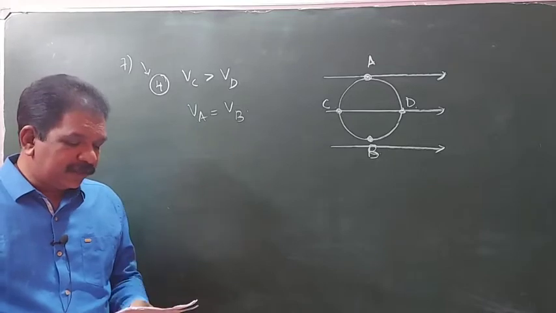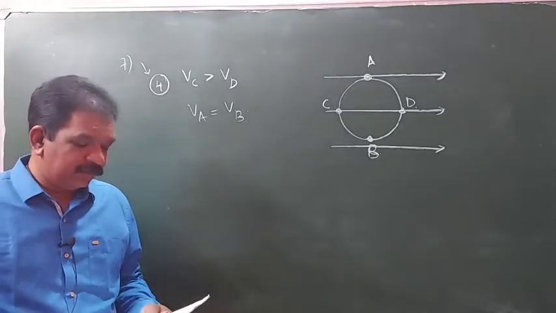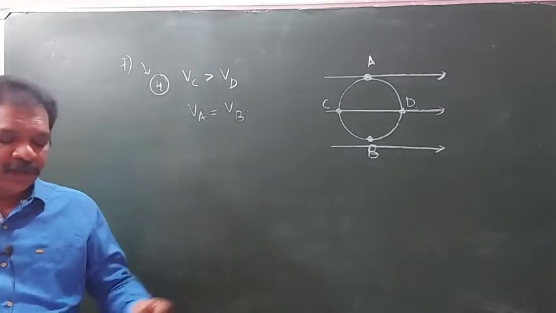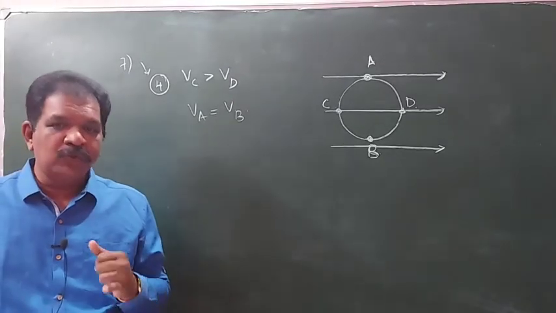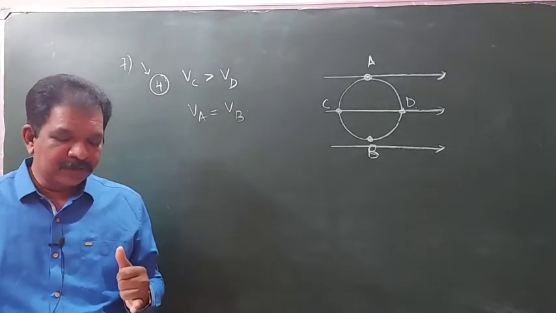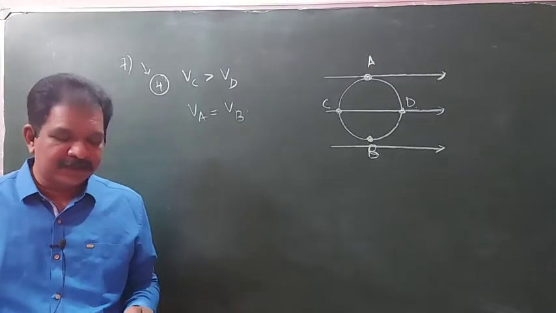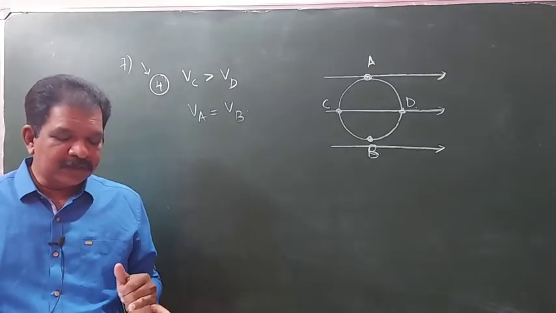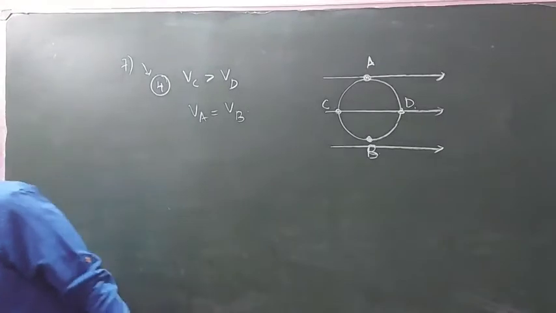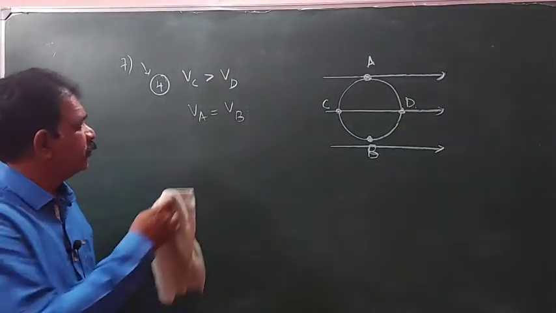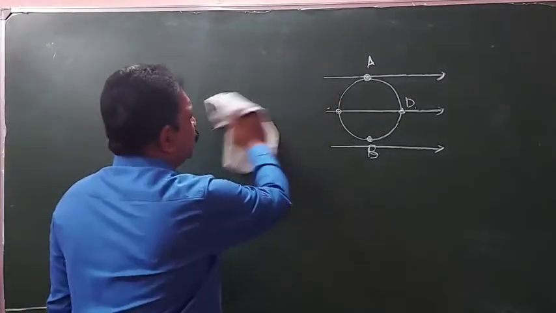Two concentric spheres of radii R and r have positive charges Q1 and Q2 with equal surface charge densities. What is the electric potential at their common center? So, eighth question.